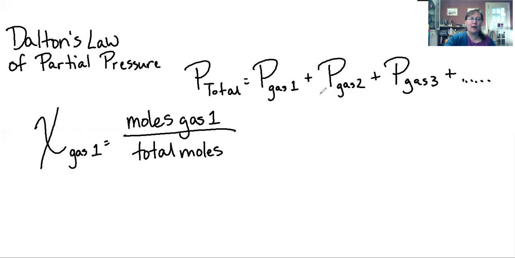So let's take a look at what a problem for this might look like. I'm going to adjust one that we have in the slides just so that it's a little bit different.